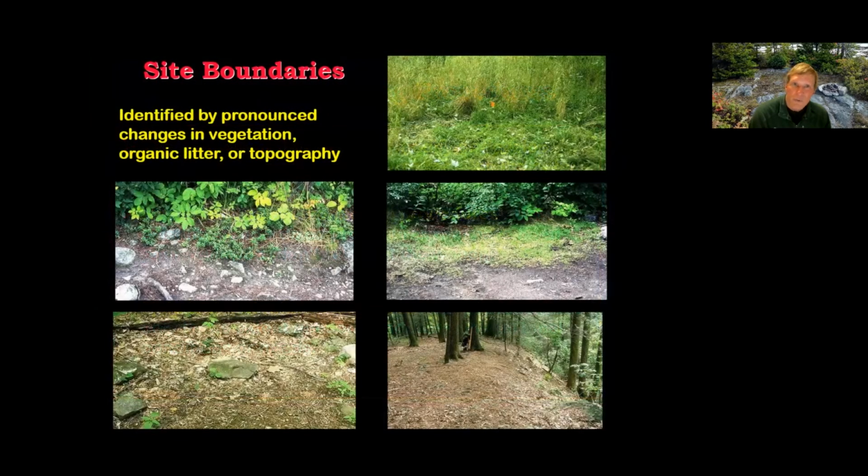Lots of definitions, things like site boundaries. So you might have different kinds of boundaries for a campsite. It might be based on reduced vegetation height. It might be a compositional change in vegetation, or it may be a loss of vegetation cover.